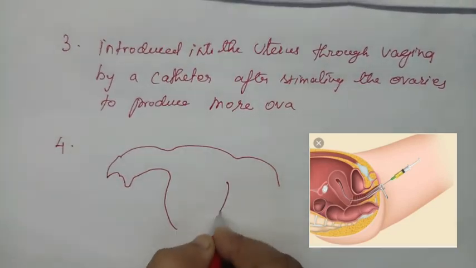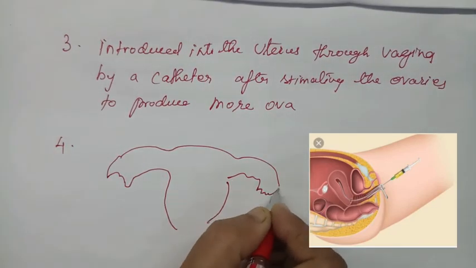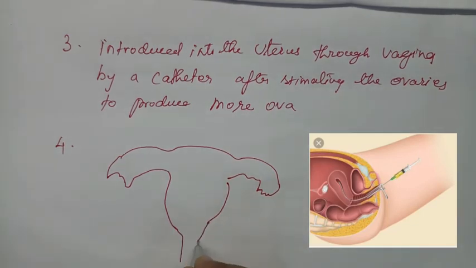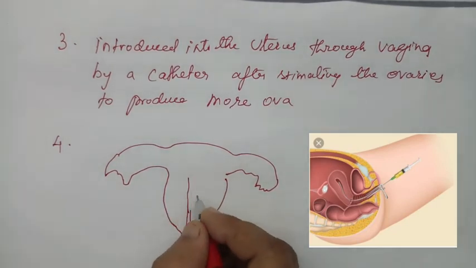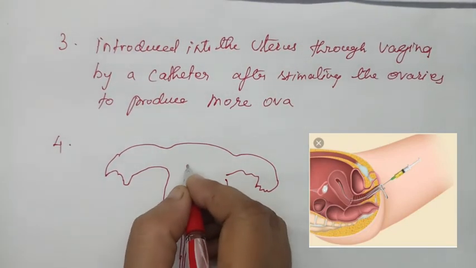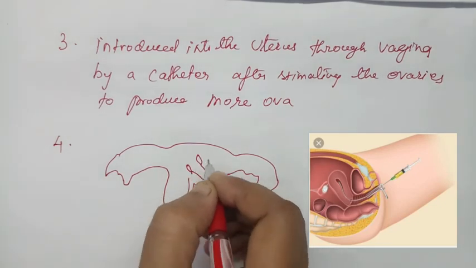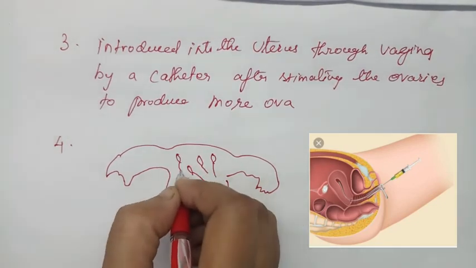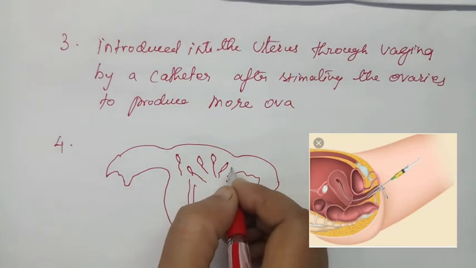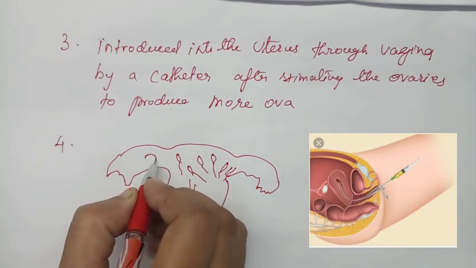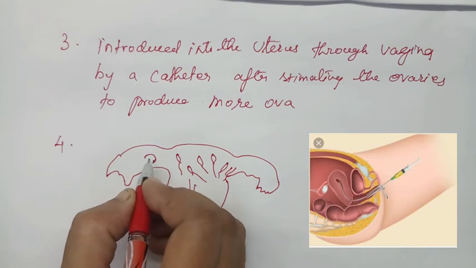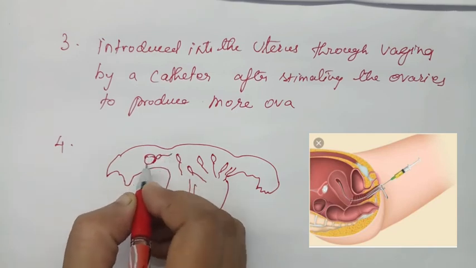Now, this is the catheter, through this the sperms are released here. These sperms swim and move towards the fallopian tube to fertilize the egg.